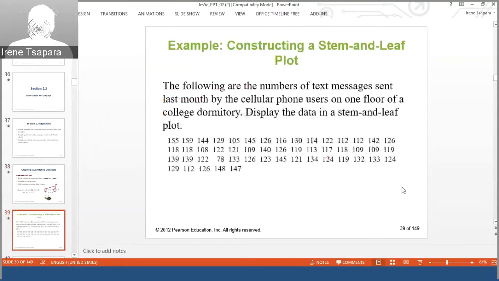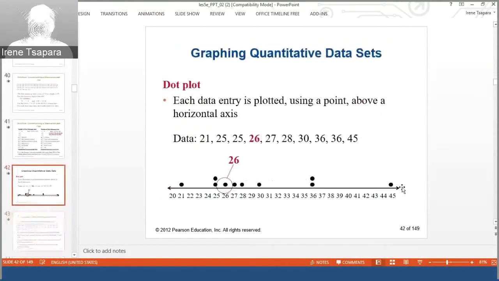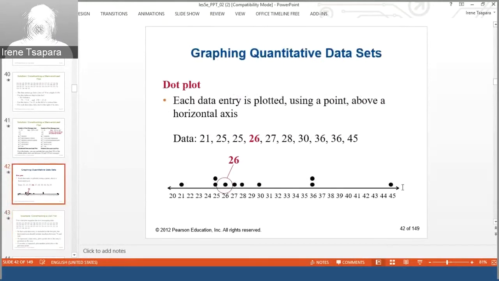Stem and leaf plots, I'm not going to discuss this. I'm pretty sure that you know them. Data plots are very similar to histograms, basically. The only difference is instead of creating classes, you are considering each value in your range as a class. So you don't create classes, you take the entire range, let's say from 21 to 45. 45 minus 21 gives you 24, so you are going to have 24 points.